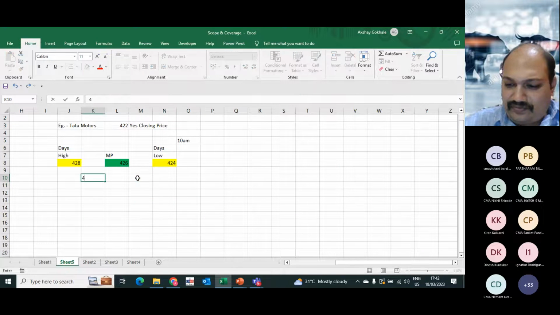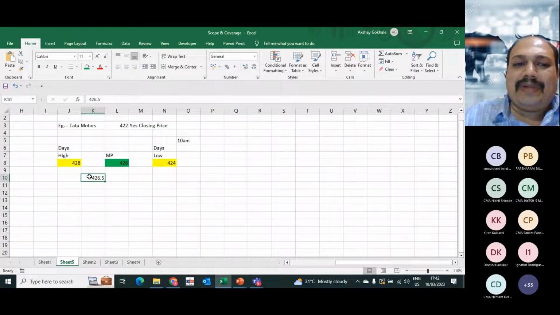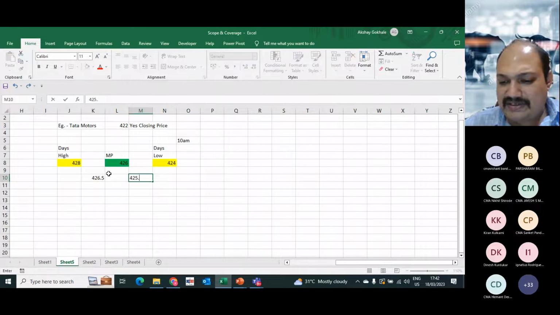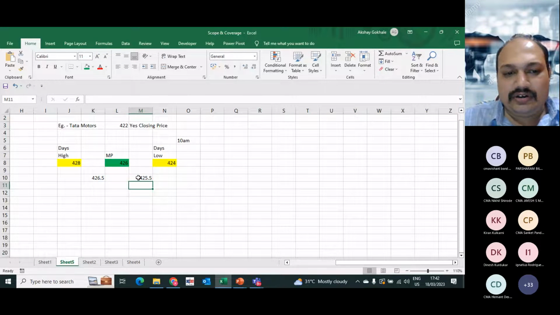Suppose the current market price of that particular stock is more than the midpoint. It is 426.5 and your midpoint is 426. You just have to buy the stock, and if it goes below your midpoint, that means 425.5, you have to short your stock.